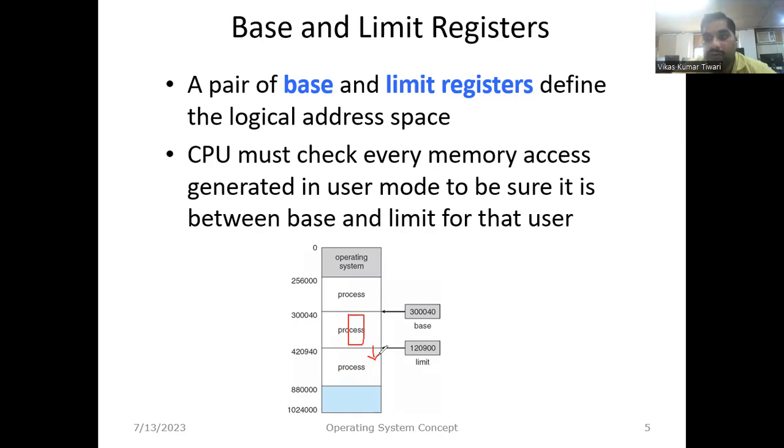You are not supposed to go beyond your limit. That's the point of this diagram.